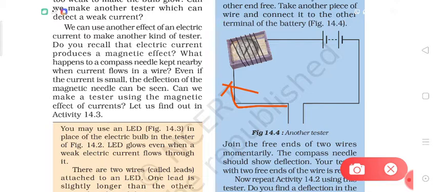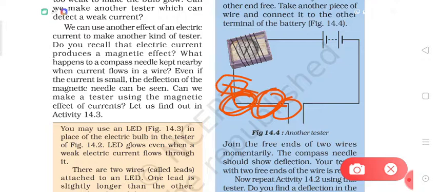When electric current passes through any conductor, it produces a magnetic field around it. So electric current produces a magnetic field around the conductor through which it is flowing. This is called the magnetic effect of electric current.